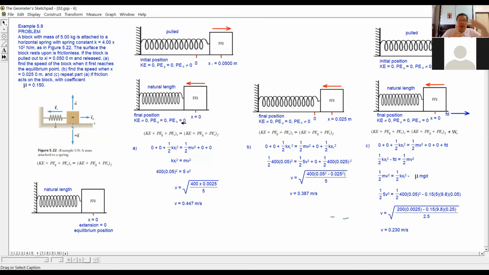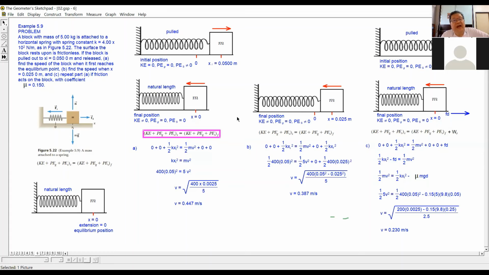Right. So we are going to compare these two states and equate the total energy: the total energy at the initial state and the total energy at the final state. By conservation of energy, whichever position you are in, the total energy must always be the same.